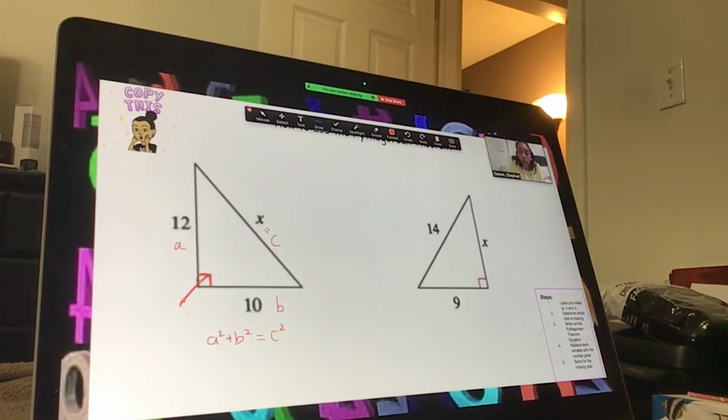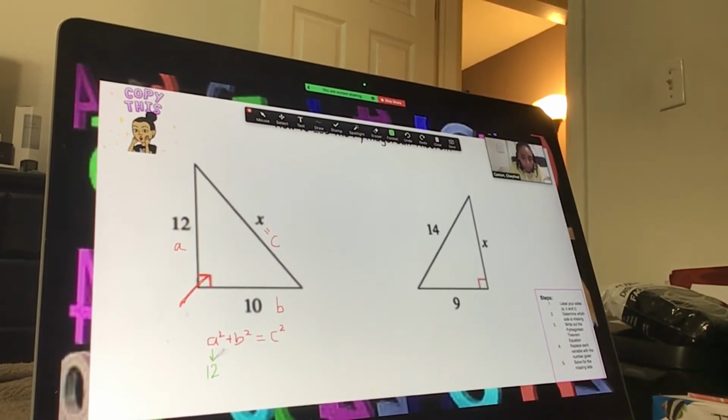Okay, step 4, replace each variable with the number that's given. So we said A is 12, so we're going to now replace A with 12. We're going to replace B with the number 10.